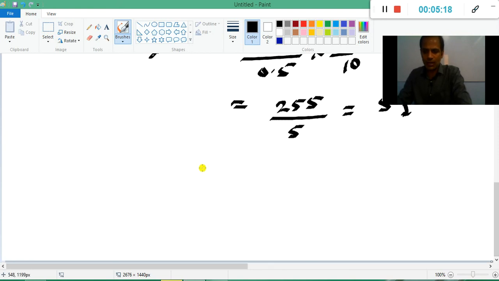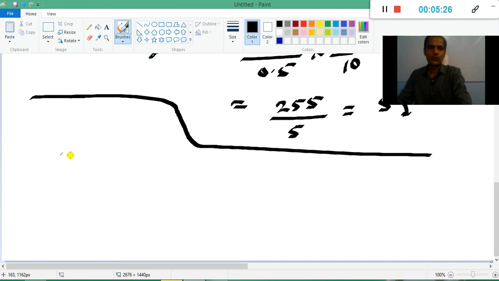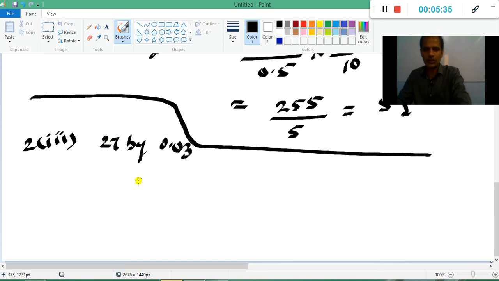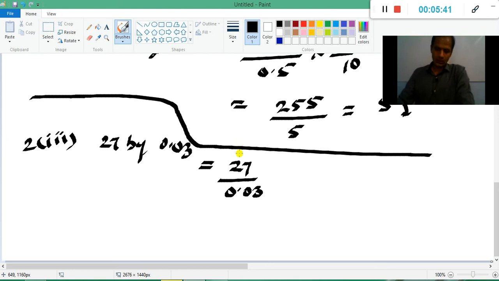Again I am going to solve the third part of the second question. It is 27 by 0.03. It means it is written as 27 upon 0.03.